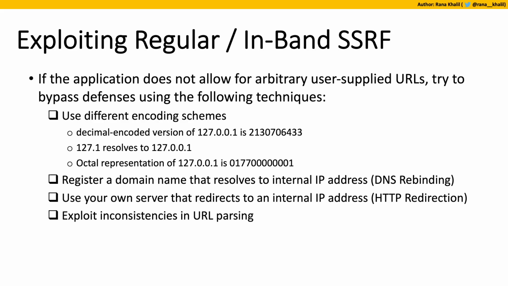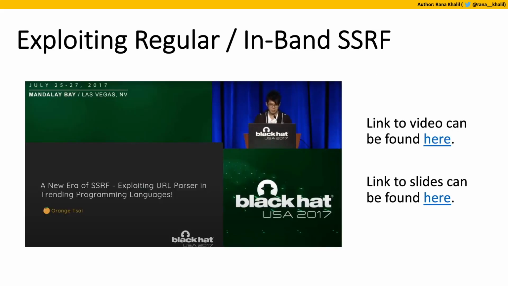Alright, last but not least is to exploit inconsistencies in URL parsing. We touched upon that in the past couple of slides. So I mentioned Orange Tsai's talk called A New Era of SSRF, exploiting URL parsers in trending programming languages. I've got the link to the videos in the slides and the link to the slides in the description of this video, so make sure to check it out.